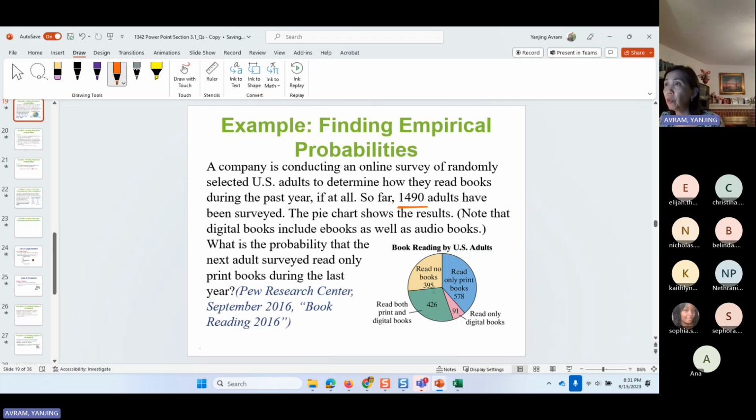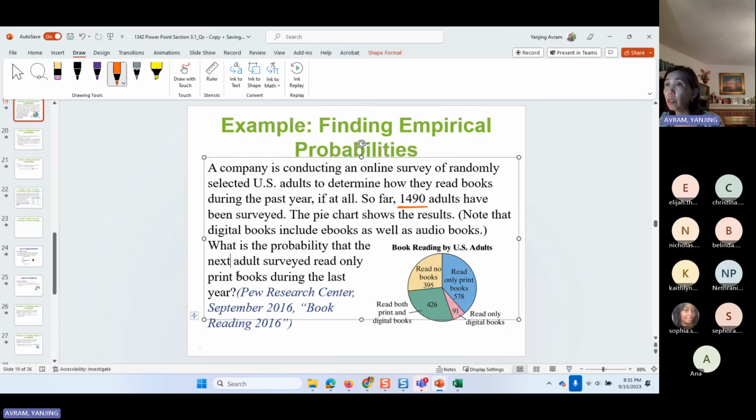This pie graph shows the number for the book read in each category. So what's the probability that the next adult surveyed read only the printed word during the last year? They probably do not read any ebook or anything like that, just the printed book. Some people say they don't read any book.